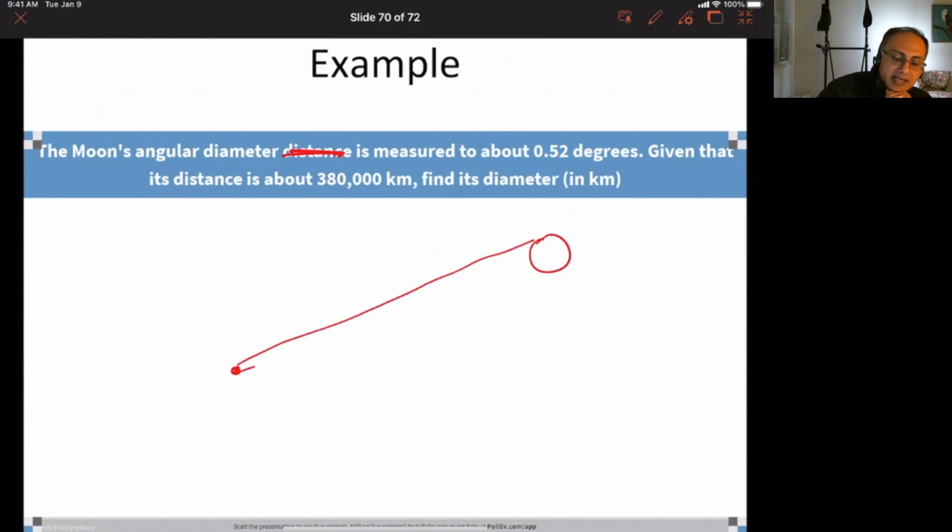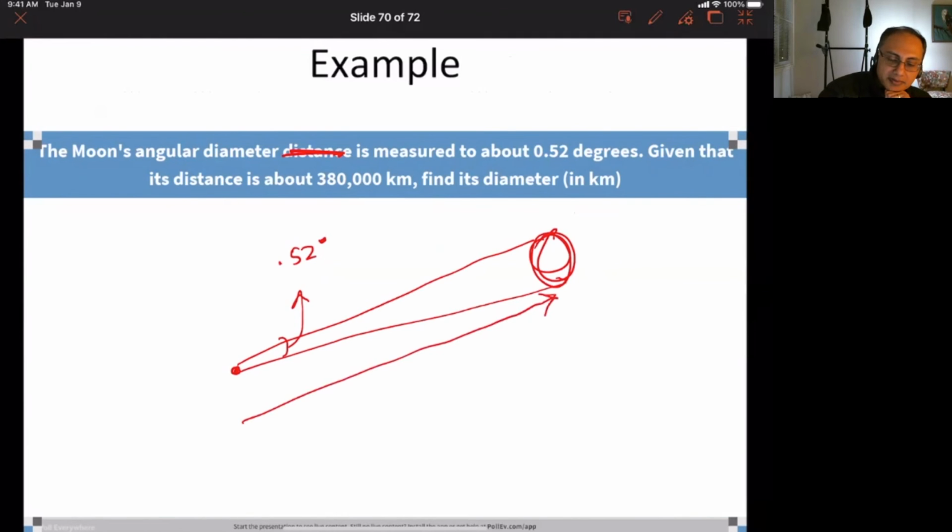You're given the angular diameter. The angular diameter is 0.52 degrees. And you're given the distance to the moon. It's 380,000 kilometers. And from there, you want to find out the actual diameter of the moon, this distance, right? So all you have to do is just plug into the formula.